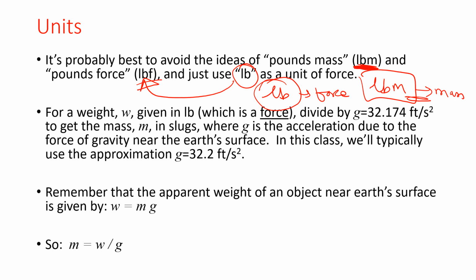Sometimes you may be asked to find the weight in pound. Weight is mass multiplied by acceleration due to gravity. If you want to find this in pound, then mass has to be always in slug, and the acceleration due to gravity in US customary units is 32.2 feet per second square.